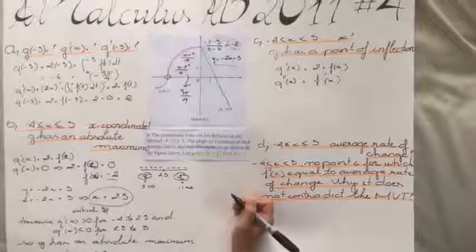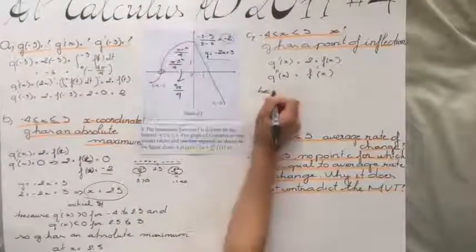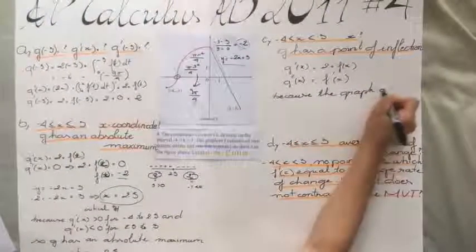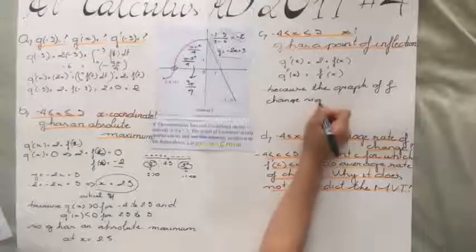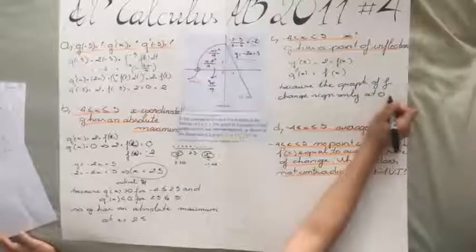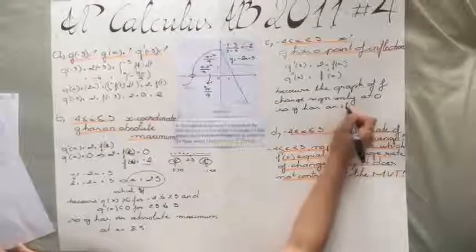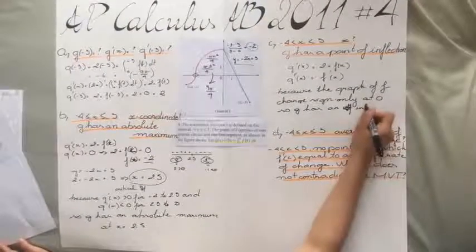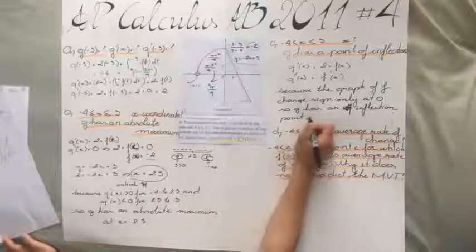Because the graph of f prime changes sign only at 0, g has an inflection point at 0.